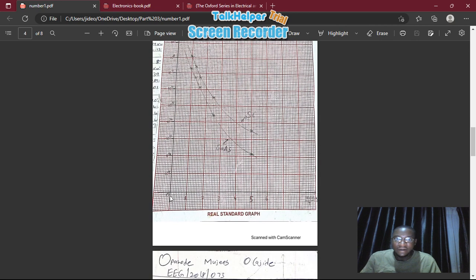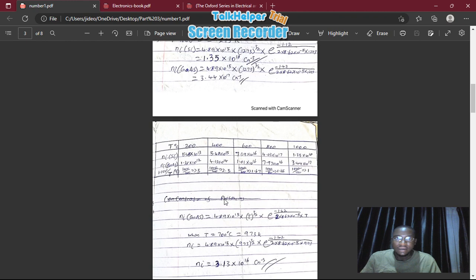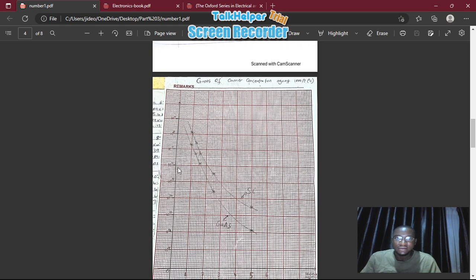So for our graph on the x-axis, we make 10 centimeters equal to 1 unit. On the y-axis, we are plotting the intrinsic concentration of silicon and of gallium arsenide.